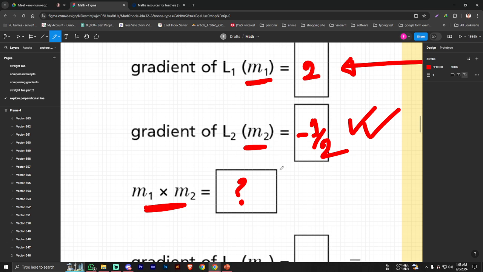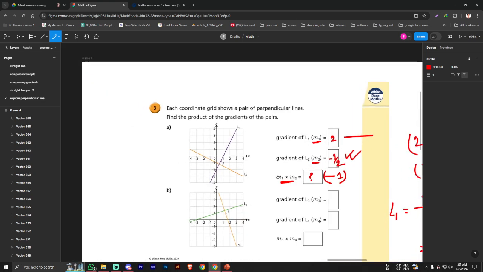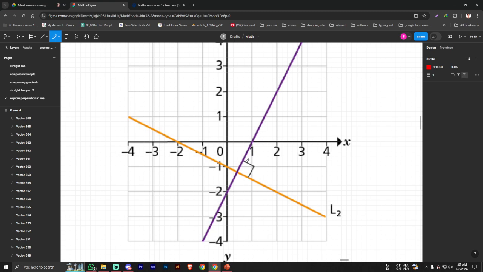M1 times M2, and it's negative 1. So the answer is negative 1, right? And see, there is a 90-degree angle here. Yes, perpendicular.